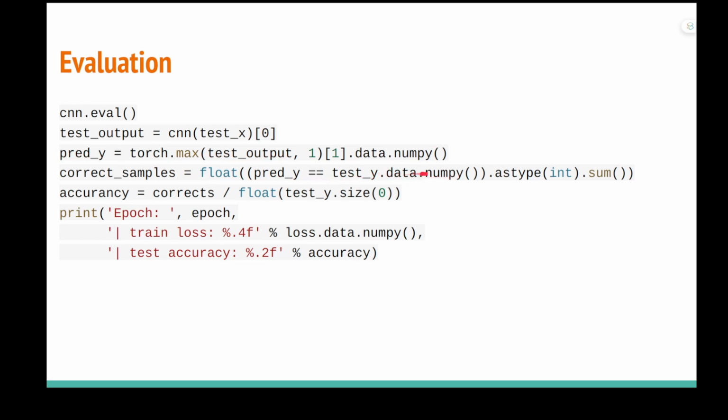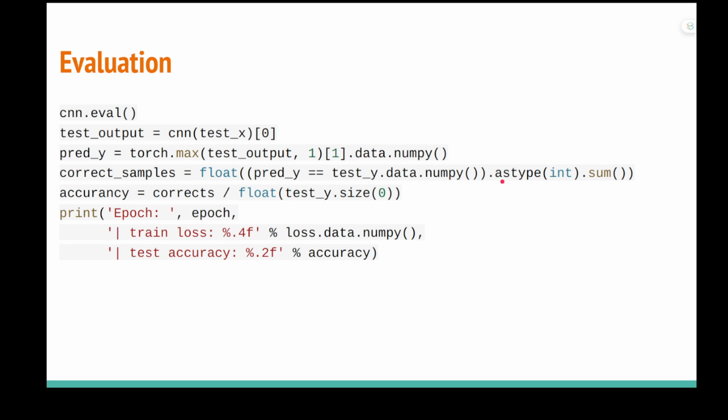Here we convert it into NumPy as well. We just compare the values between them. If they are equal, it will be true. If they are not equal, it will be false. Then it becomes an array whose elements are either true or false. It indicates whether the prediction is correct or not.